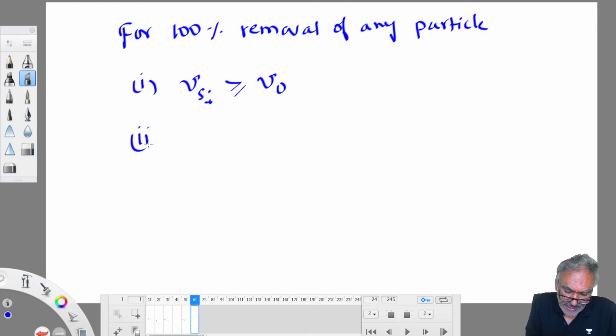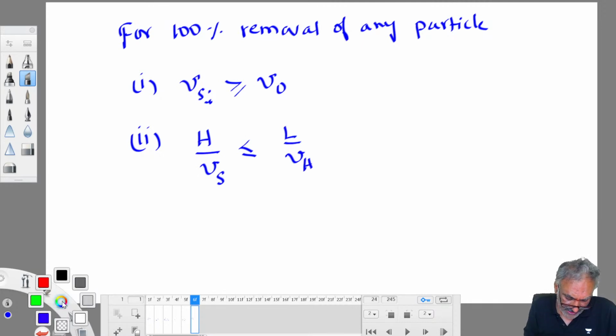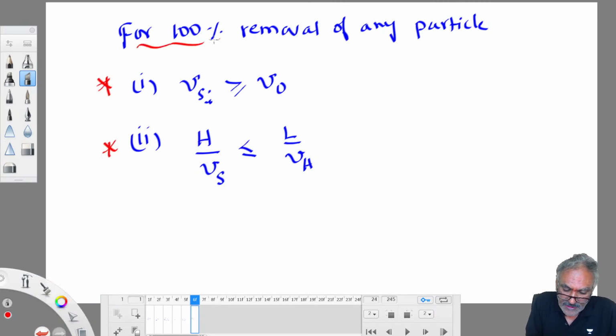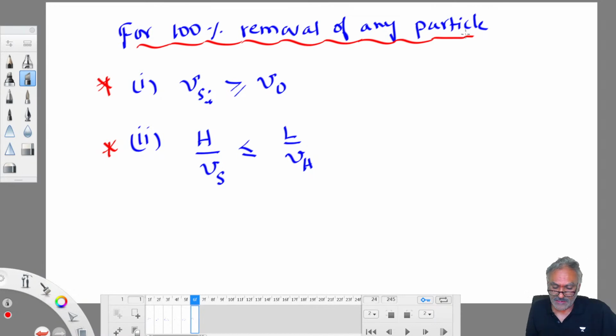And the second condition is settling time of the particle should be less than or equal to detention time of water. So this L by VH is called detention time. If these two conditions are satisfied, 100% removal is possible. These are very, very useful relations which we use extensively while solving problems.